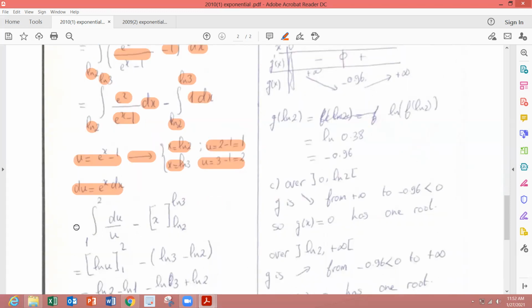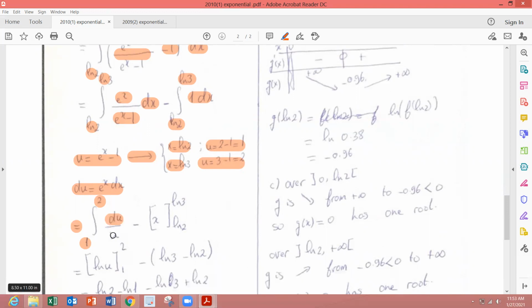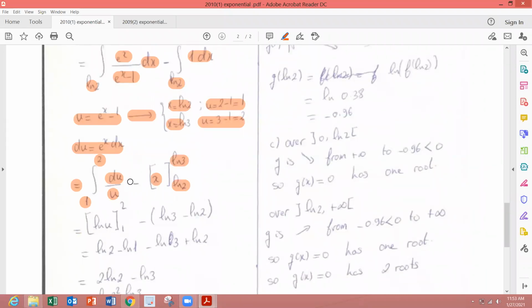Then the area equals the integral from 1 to 2; e^x dx, I call it du, we get du over u. The integral of 1 is x between ln 2 and ln 3. The integral of du over u is ln u between 1 and 2.